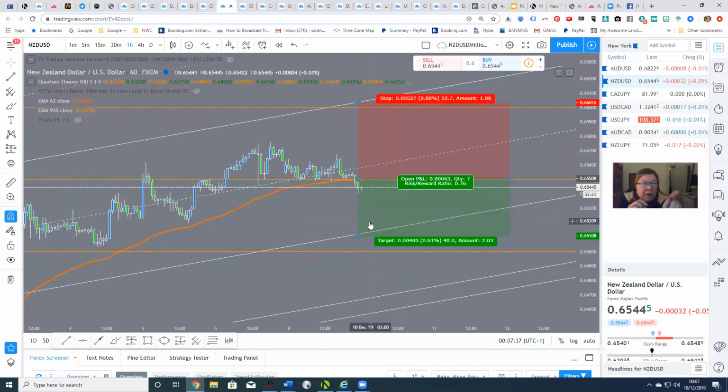Make sure you've got the lot size calculator. You don't have to bother with that at the moment, but to make the money you want and need out of the market, you need to get your head around it at some point. Believe you me, it took me a while to understand it, because I'm the world's worst person at maths. So I always say, if I can do Forex, anybody can.